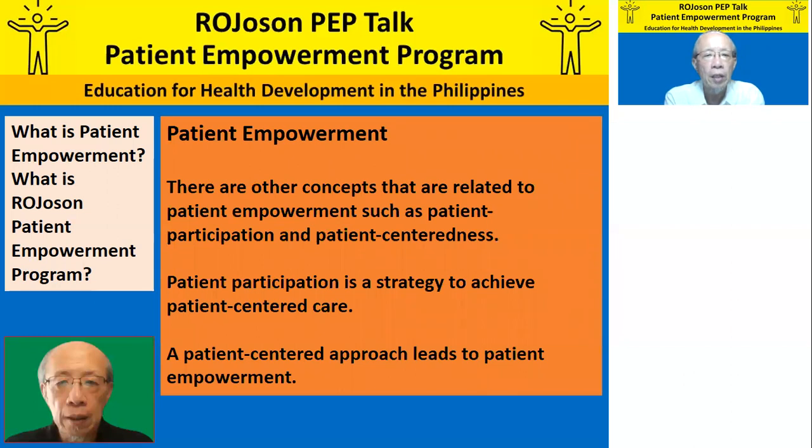There are other concepts that are related to patient empowerment, such as patient participation and patient-centeredness. Patient participation is a strategy to achieve patient-centered care, and a patient-centered approach leads to patient empowerment.